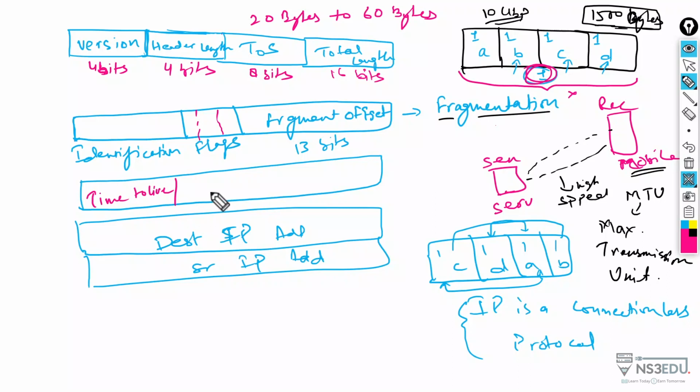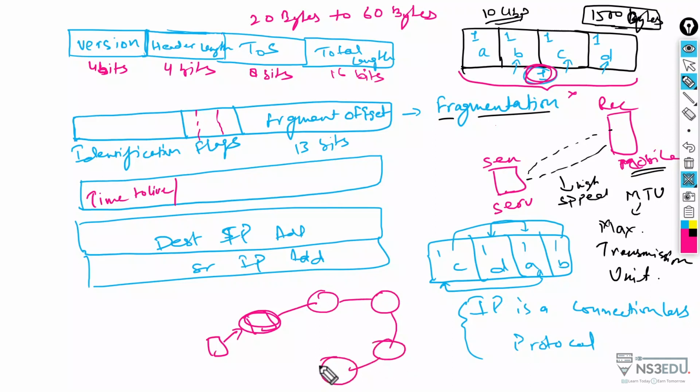The time to live field is a field we use to make sure that our packets are not being looped in just one network. Let's say a device sends a broadcast message and it never reaches any destination, so it will start looping from one device to another, and at a certain point it will get back to that one router.